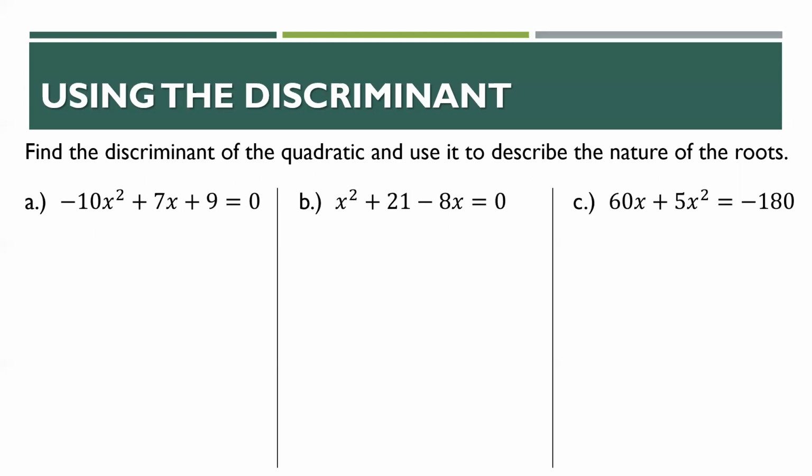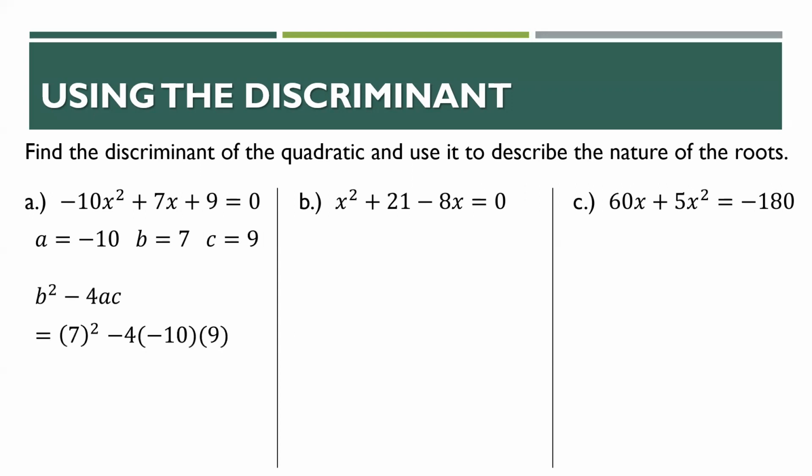So our first quadratic, we've got negative 10x squared plus 7x plus 9 equal to 0. This is already in the correct format that we want it to be in order to easily identify our a, b, and c. So the a value is negative 10, b is positive 7, and c is 9. So from that, we're going to plug in, and all we want to find is the discriminant.